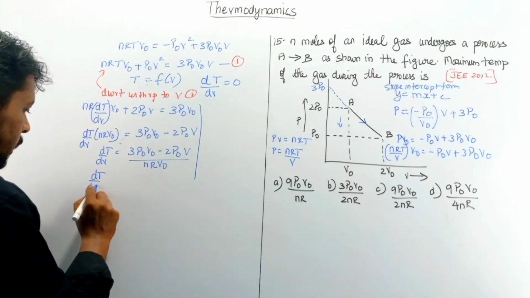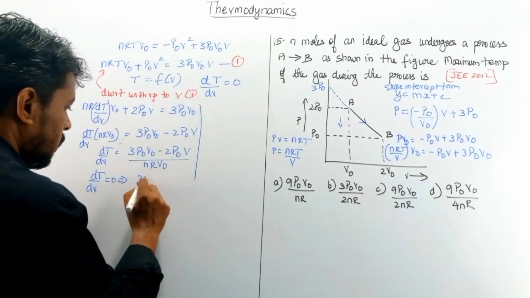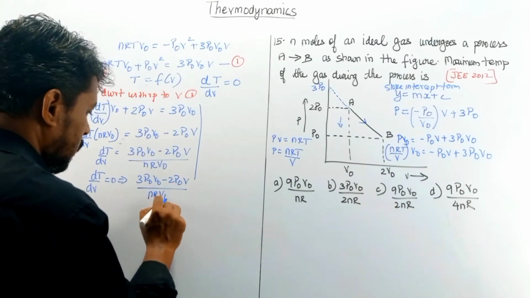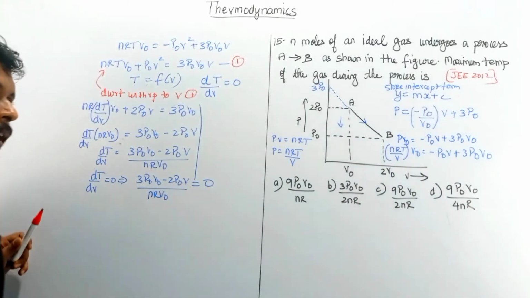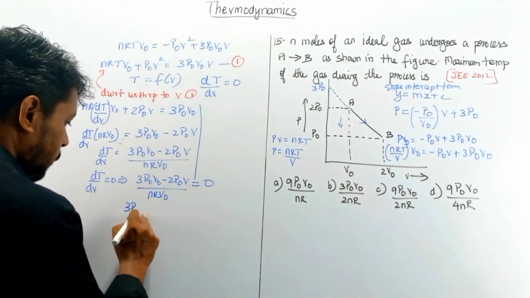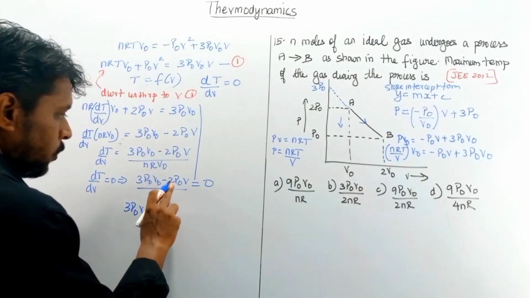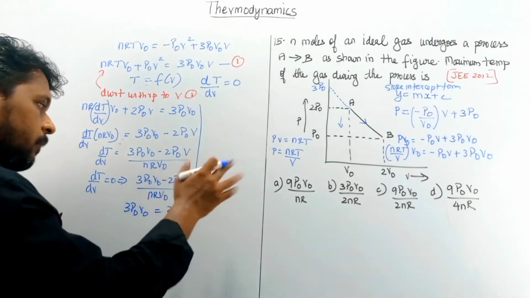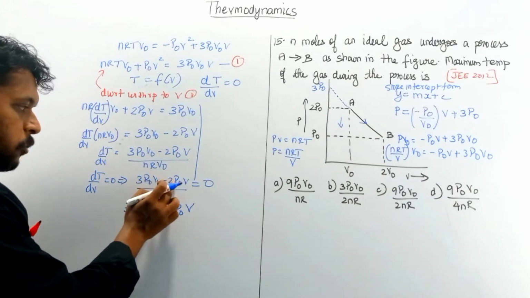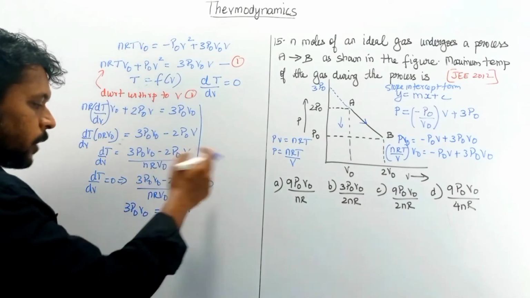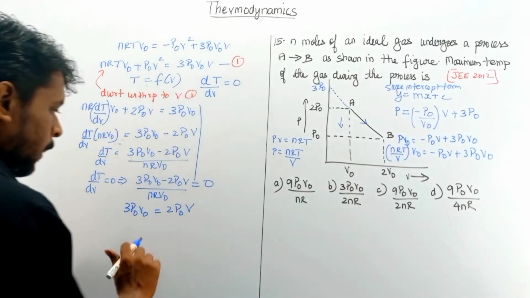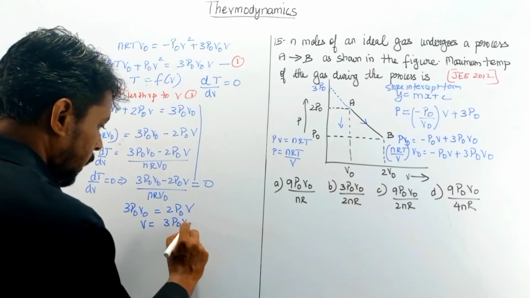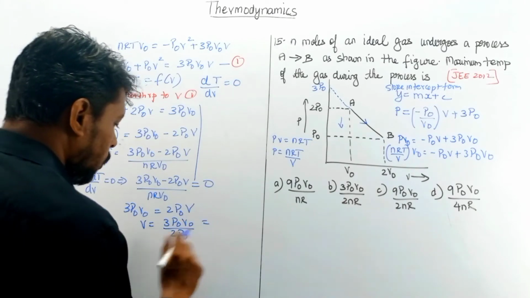By equating this to 0, that is dT by dV is equal to 0, which implies 3 P naught V naught minus 2 P naught V is equal to 0. So 3 P naught V naught will be equal to 2 P naught V. So V will be equal to 3 P naught V naught by 2 P naught.